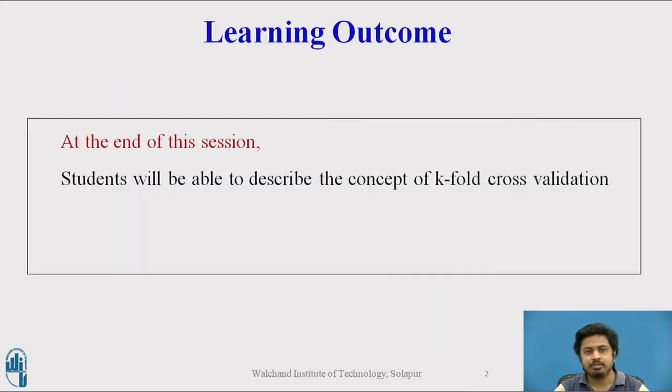At the end of this session, the student would be in a position to describe the concept of K-fold cross validation. Before moving to the next slide, let me give you a quick overview of what we're going to look into. We will be looking into the concept of cross validation.